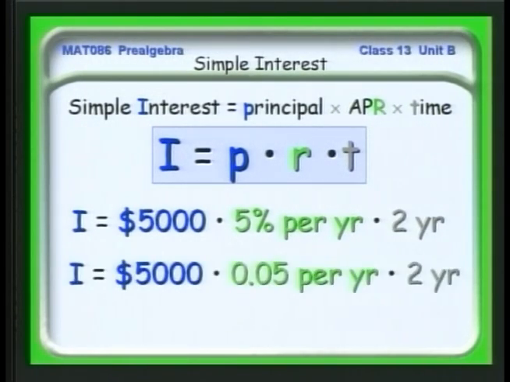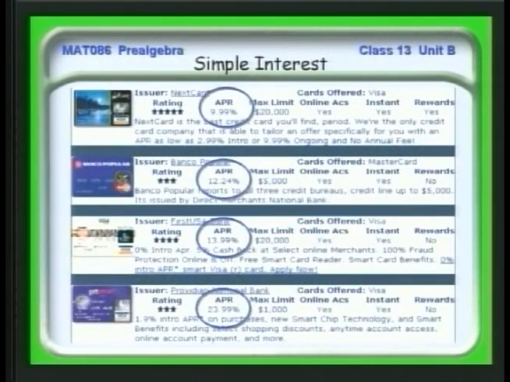I need to change the 5% APR to a decimal in order to do the math. 5% is equivalent to 0.05. When I work this out, I find that at the end of the 2-year period, in addition to getting the $5,000 back from the person or agency that I lent the money to, I'm going to get an additional $500.